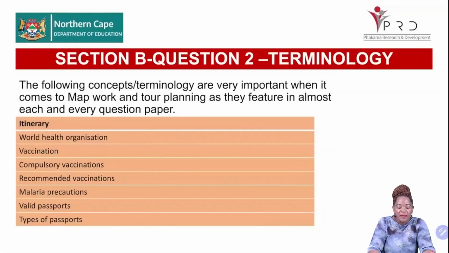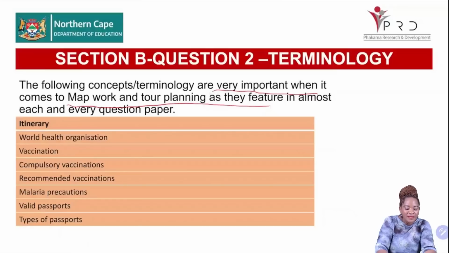And then there is important terminology that you need to know again in the same question. The following concepts of terminology are very important when it comes to map work and tour planning, as they feature in almost each and every question paper. You must know the concept of itinerary, World Health Organization, vaccination, compulsory vaccinations, recommended vaccinations.